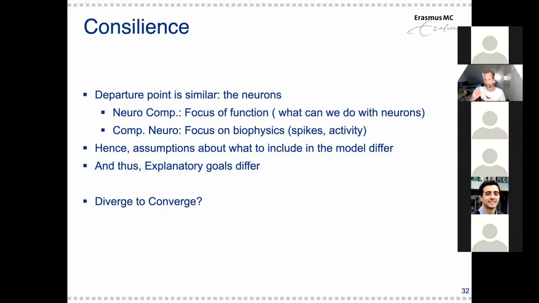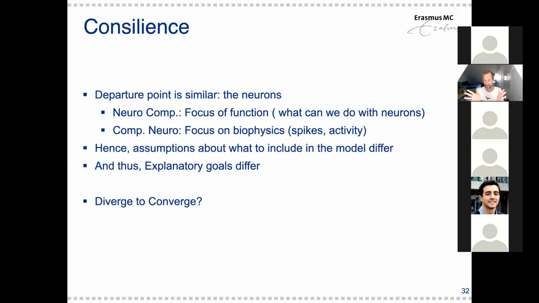So how does the machinery work? The assumptions about what is included in a model, and therefore its complexity, commonly vary. Computational neuroscience says, you didn't put that ion channel in, and neural computation says, that ion channel doesn't matter. The explanatory goals differ.